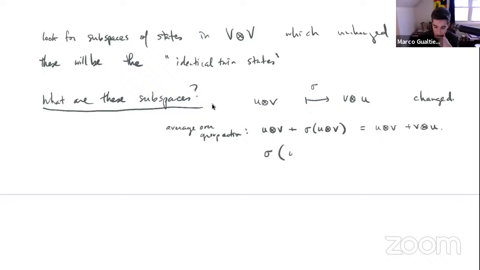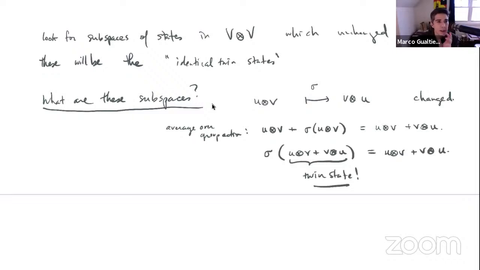Sigma of U tensor V plus V tensor U is equal to U tensor V plus V tensor U. So this is a permitted twin state. It's genuinely the same upon switching.